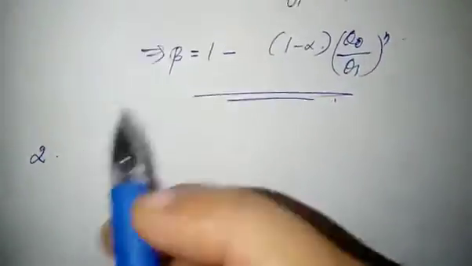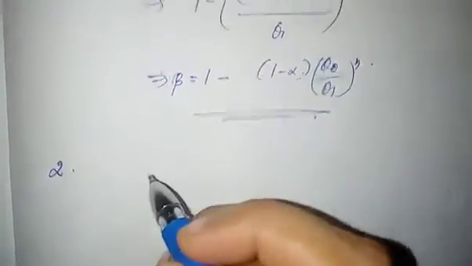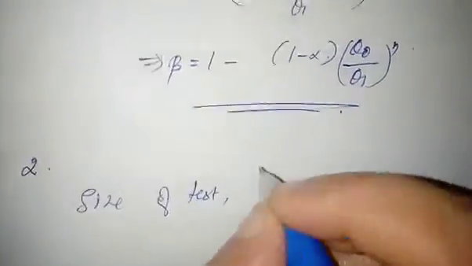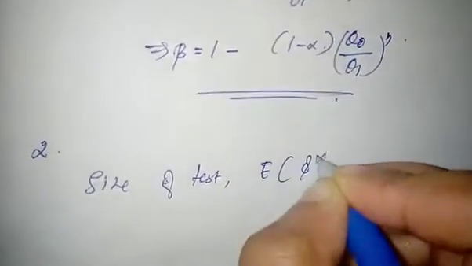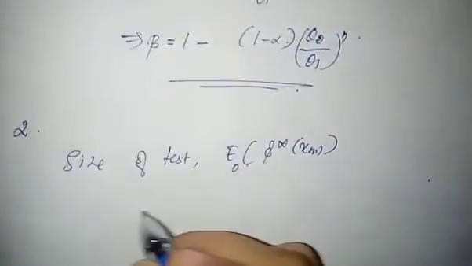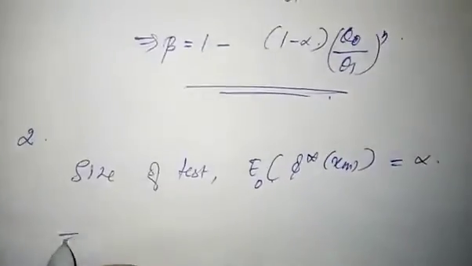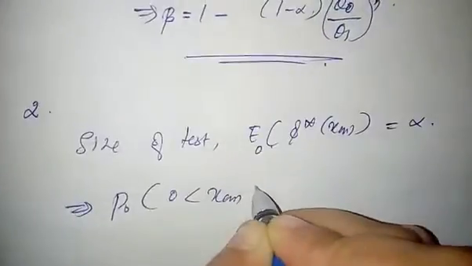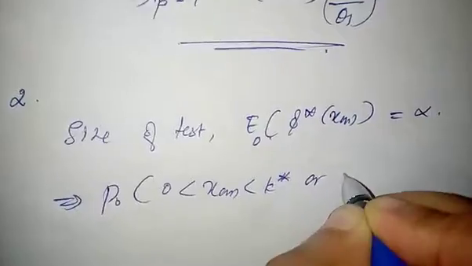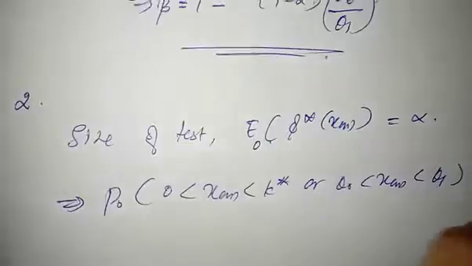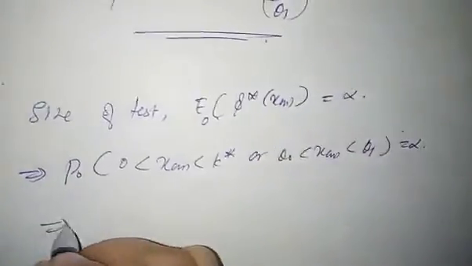Using the second test, phi star of xn, the size of the test is the expectation of phi star of xn under h naught, which is equal to alpha. Which implies the probability of 0 less than xn less than k star, or theta naught less than xn less than theta 1, equal to alpha.